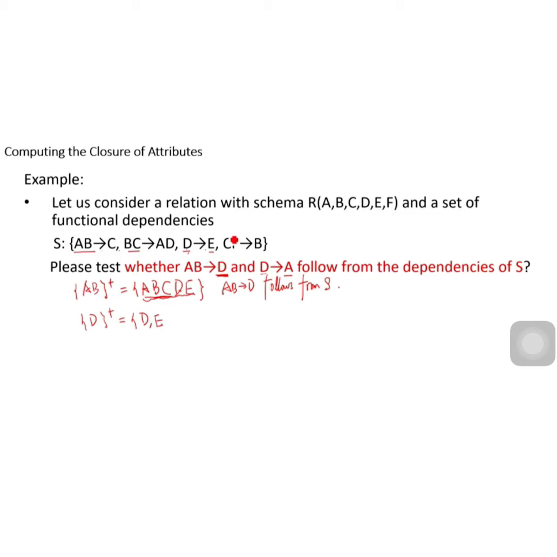Try again. No new attribute can be added. Then DE is the closure of D, and we cannot find A. So D functionally determines A does not hold, or D functionally determines A does not follow from S.